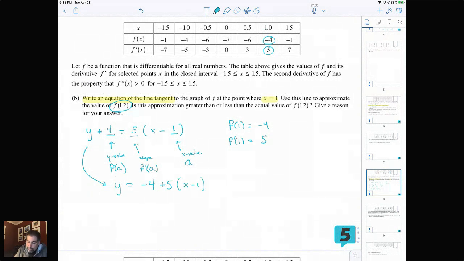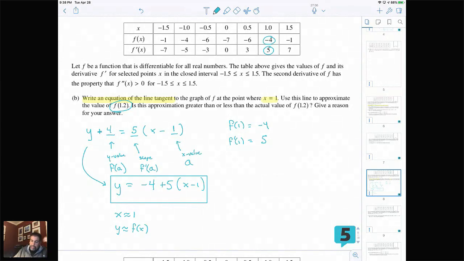So here's the deal. This is a linear approximation. We are saying that as long as x is close to 1, y is going to behave like f of x. Okay, so that's the whole idea behind linear approximation.